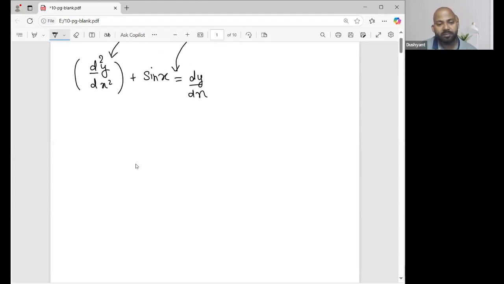For example, a basic rule for the differential equation is the power, or the degree, we can say.